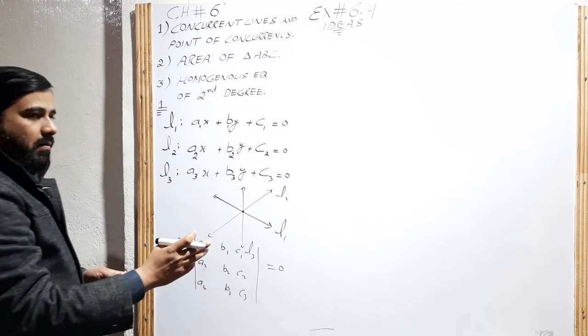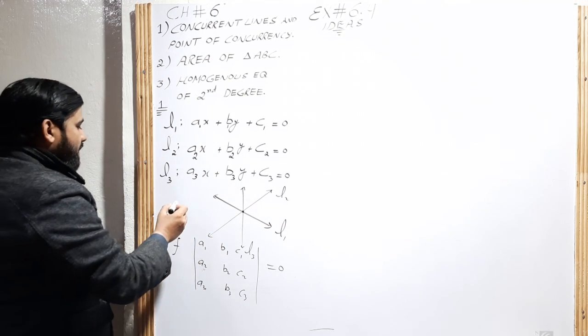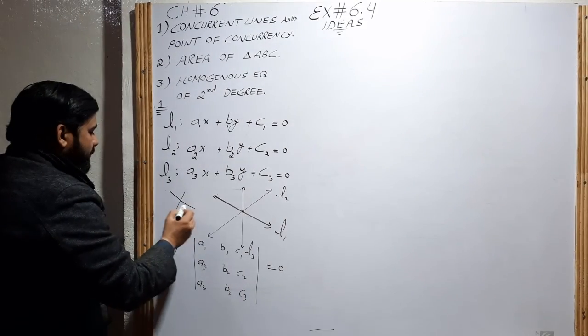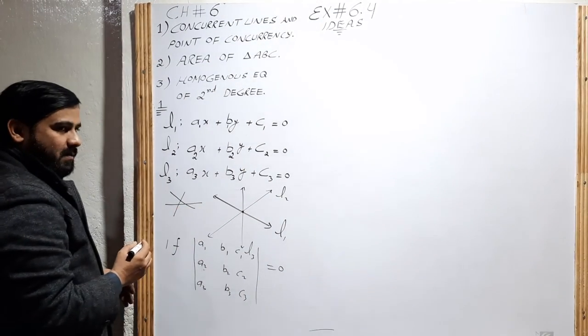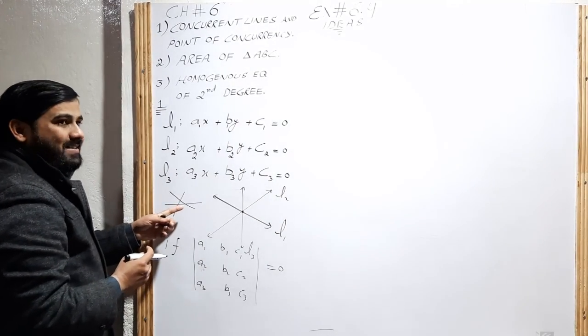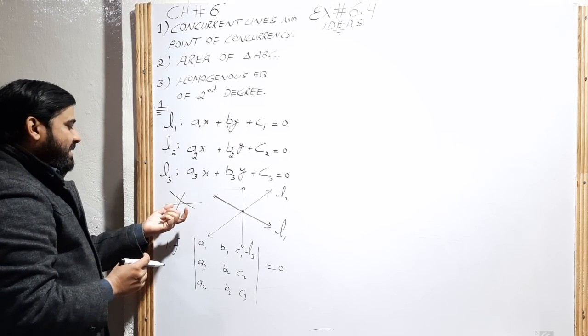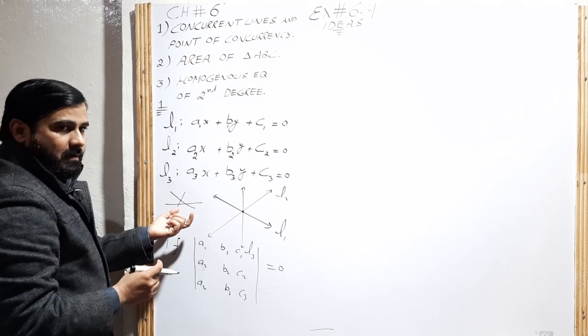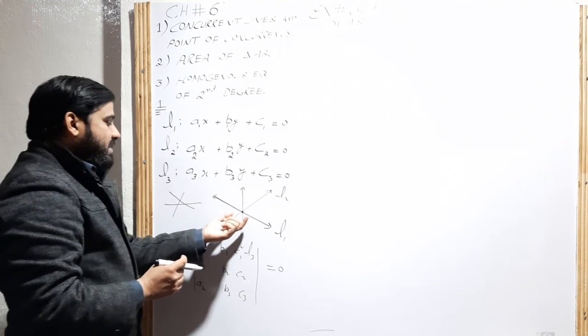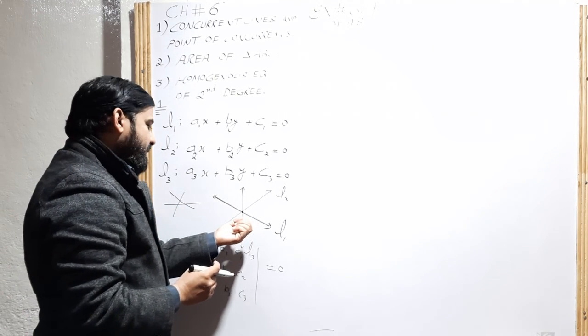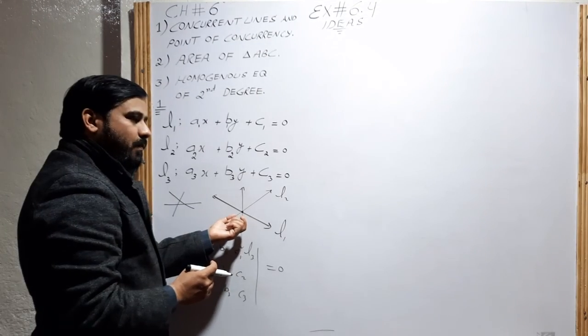When lines are not concurrent, for example, if L1, L2, L3 are like that, they are not passing through a single point, there are different points, 1, 2, 3. In this case there is a triangle, but in the other case there is no triangle. In this case the lines pass through a single point.